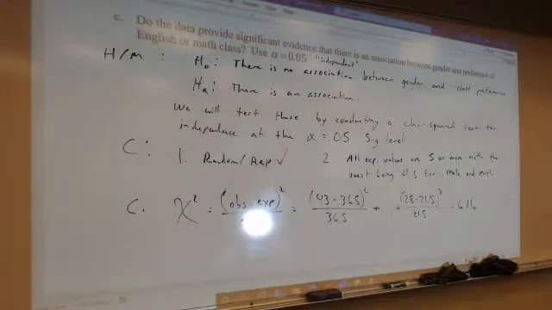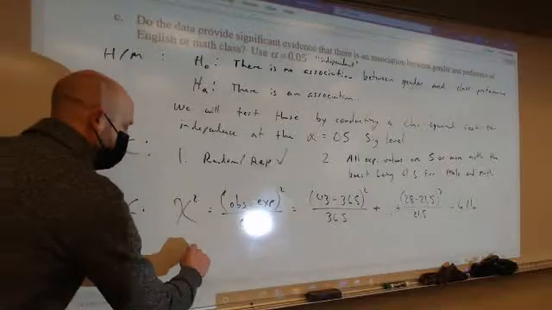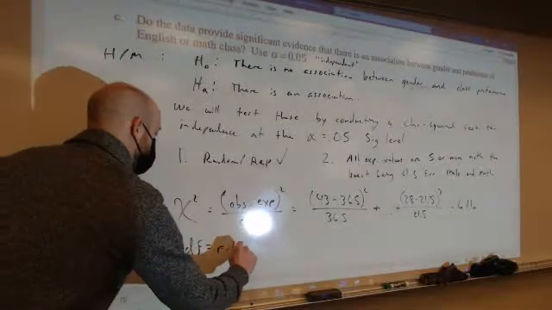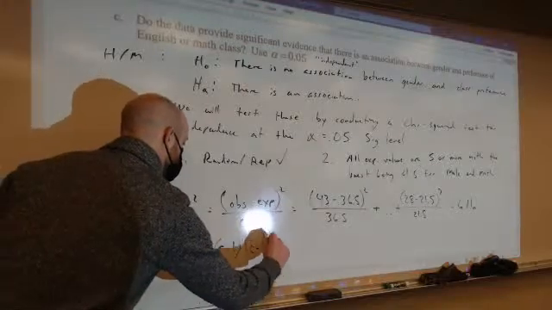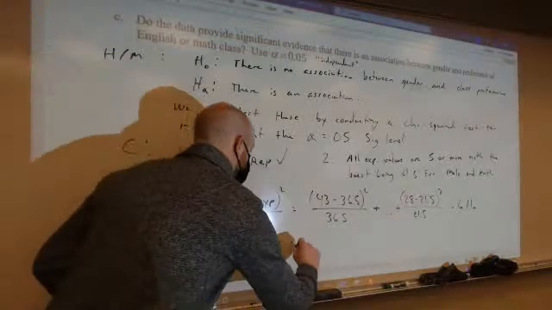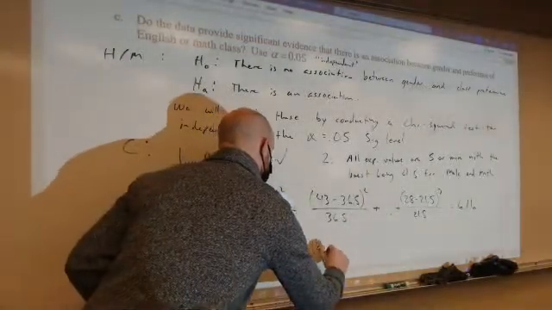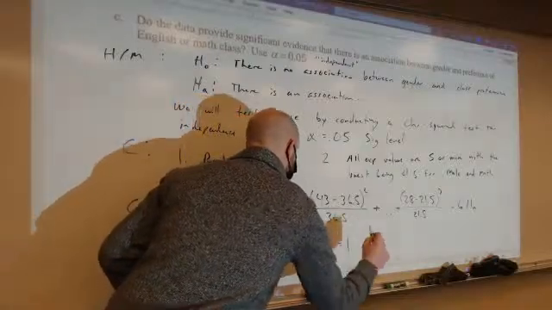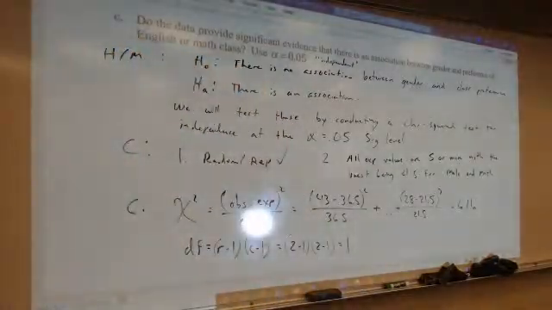And the question is, is that a big deal? Is that a big chi-squared value? Well, we have to look at the degrees of freedom. So for us, it was a 2 by 2 table, 2 rows, 2 columns. Our degrees of freedom is 1 times 1, so 1.